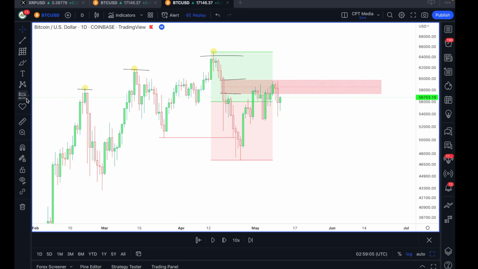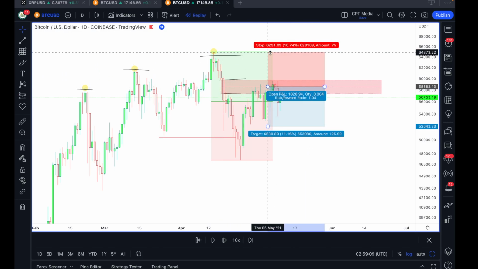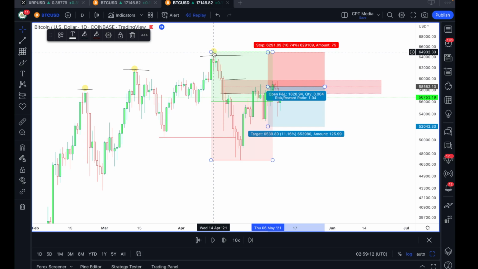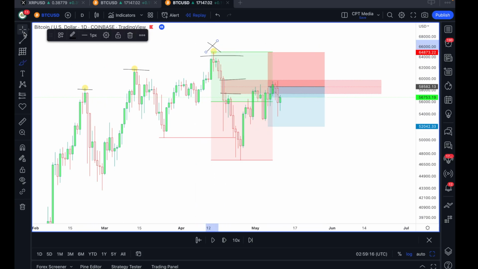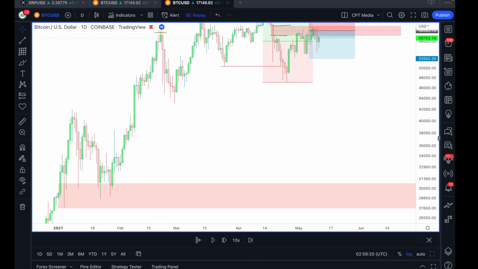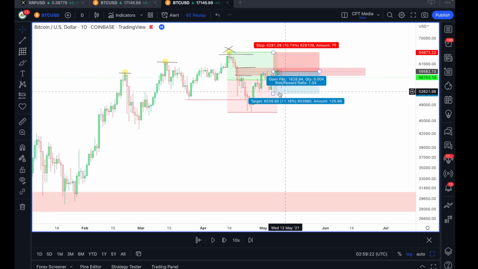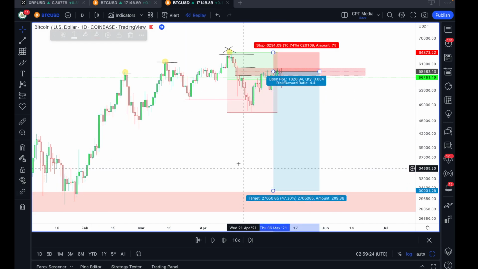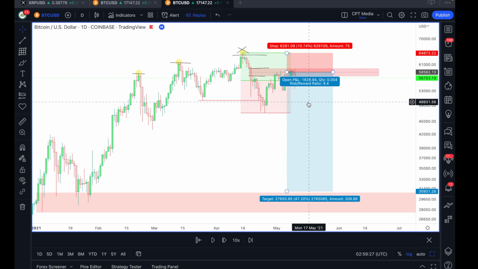Depending on what type of trader you are, you could just take a sell order at the 50% level, put the SL above the previous high, the third drive high, and place your TP at the support floor here on the higher time frames, which will give you a nice RR of 1 to 4.